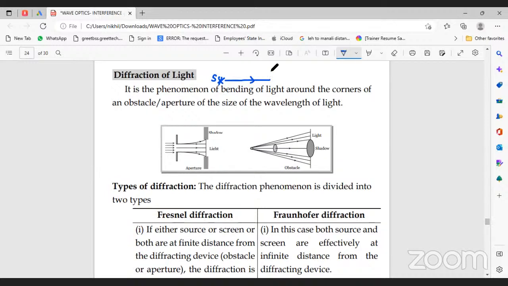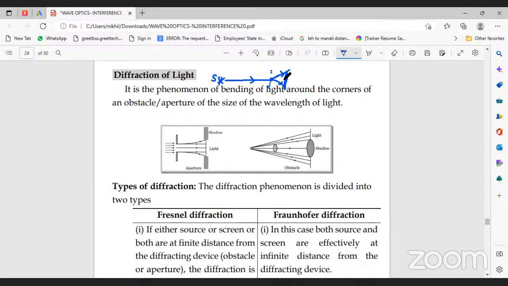Whenever it is incident on the slit, you can notice that the ray is going to bend at the edges, and that bending will give rise to some geometrical shadow here.